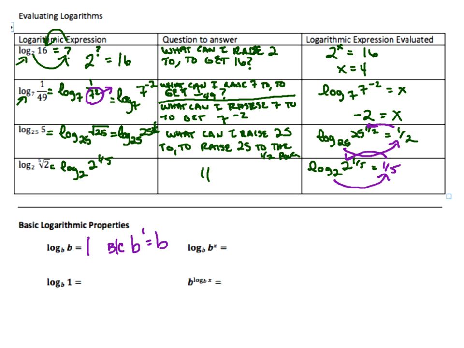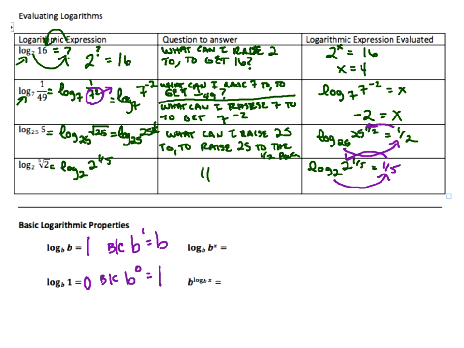The next one, log base b of 1, says what can I raise my base b to make 1? Well, the only thing you can raise any base to and get 1 is the 0 power, because b to the 0 power is 1. So I'm justifying these logarithms by changing them into exponential expressions.